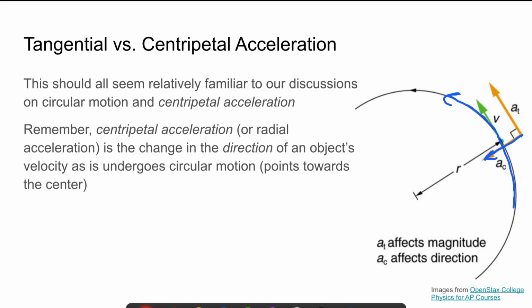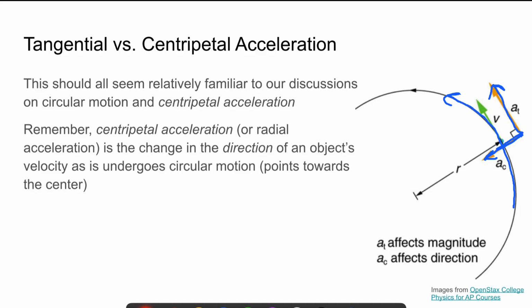So your centripetal acceleration, remember, is what keeps that object on a curve. However, that's not what we're talking about right now. Rather than radial or centripetal acceleration, we're talking about accelerating and changing the velocity of the object as it goes around that curve. And to do that, we have acceleration that's in the direction of our velocity rather than perpendicular to it.